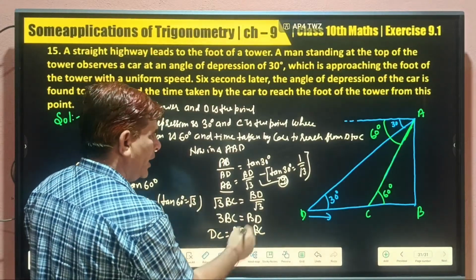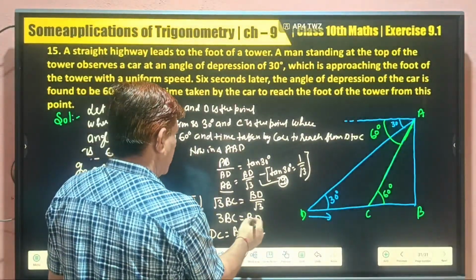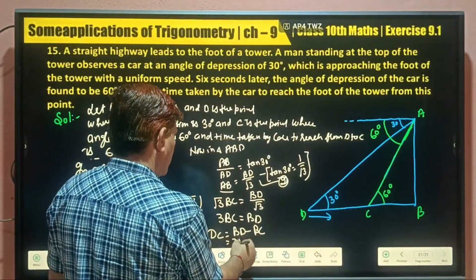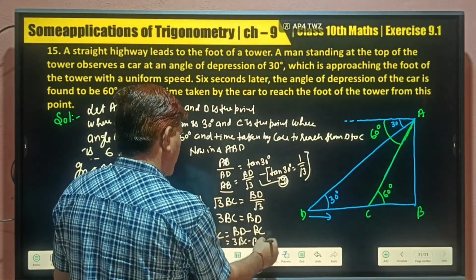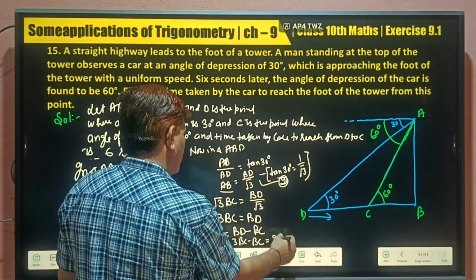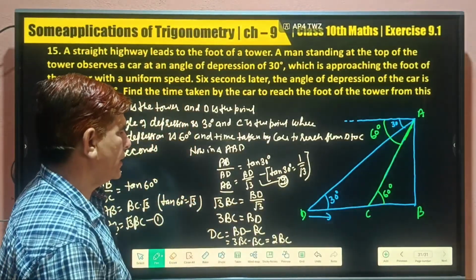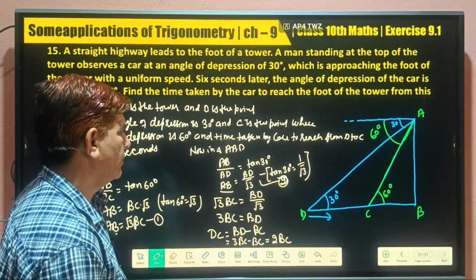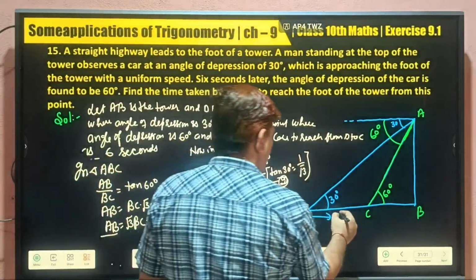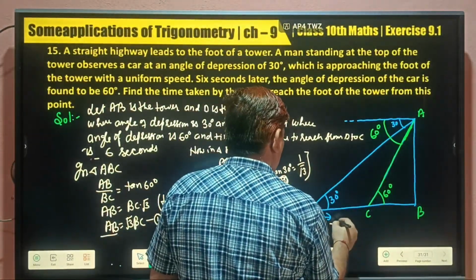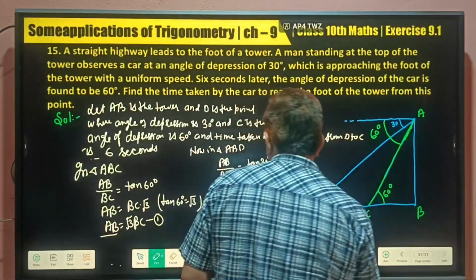What's BD? BD equals 3BC. 3BC minus BC, how much? Twice BC. So DC is equal to 2BC.